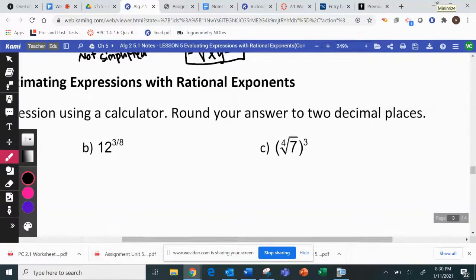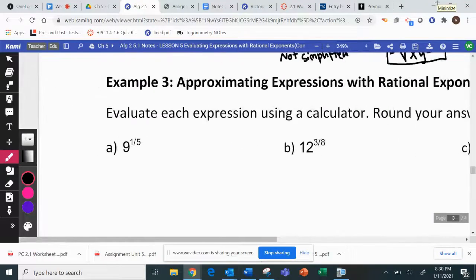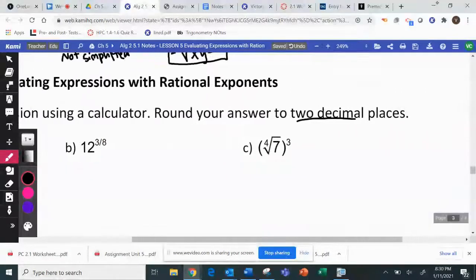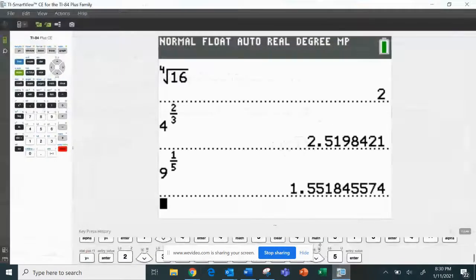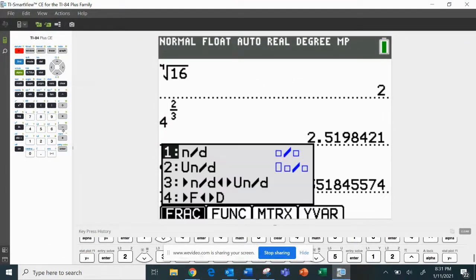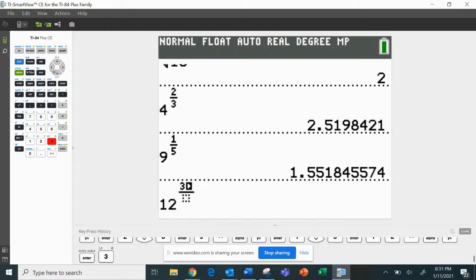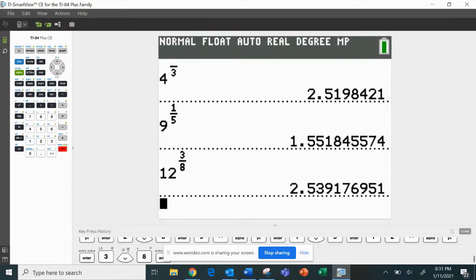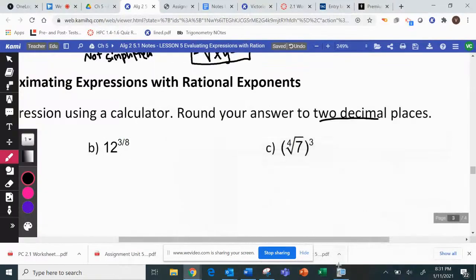Round to 2 decimal places, so 1.55. And 2.539, that's going to round to 2.54.